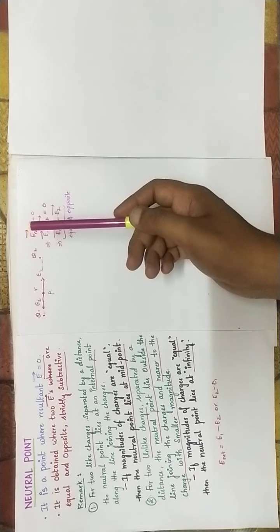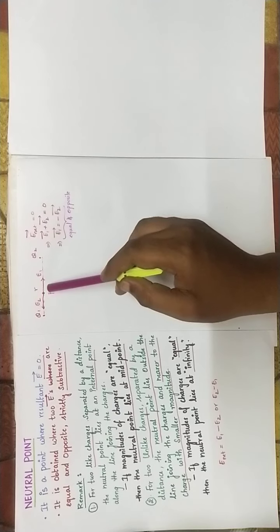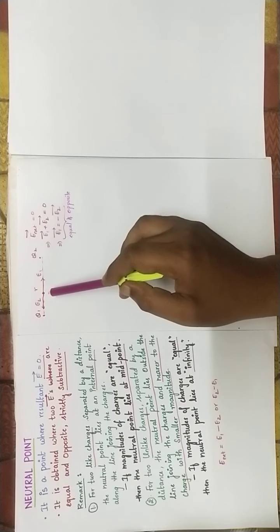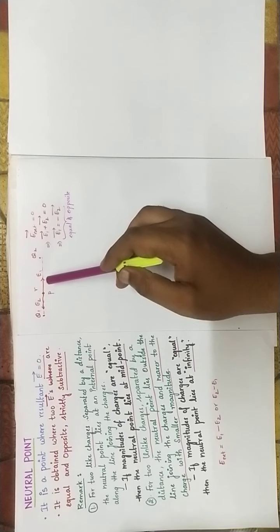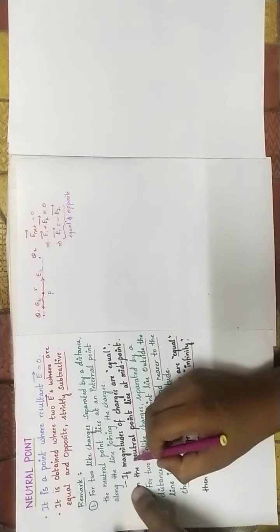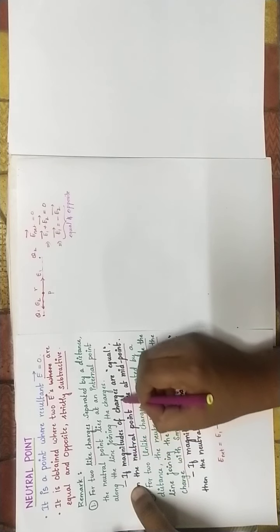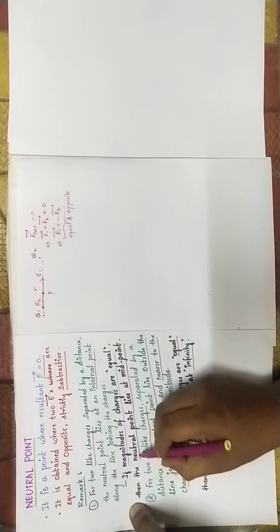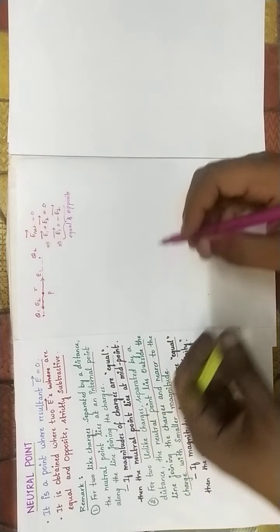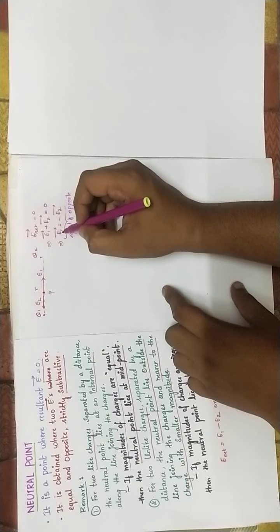And when will this neutral point P be equidistant from each charge? That is only when the magnitudes of charges are equal.